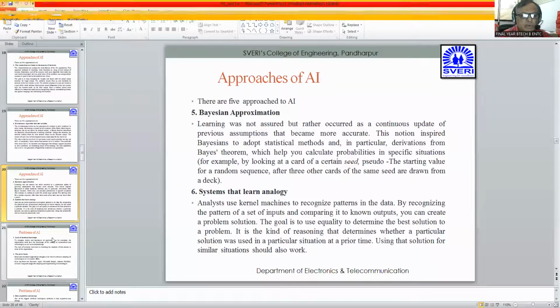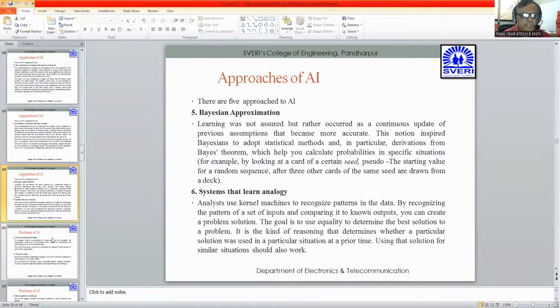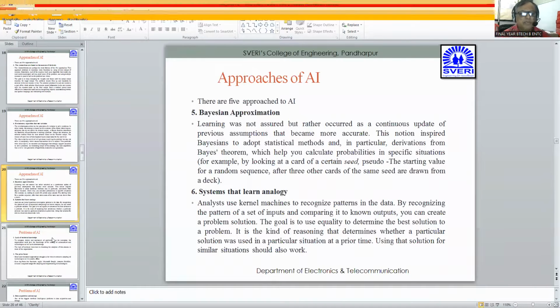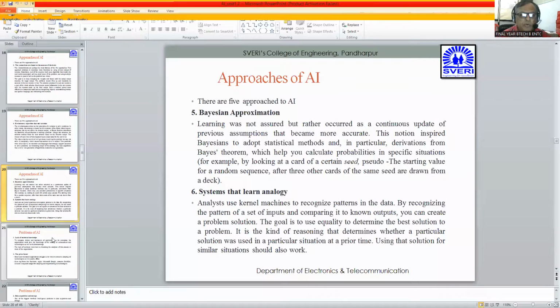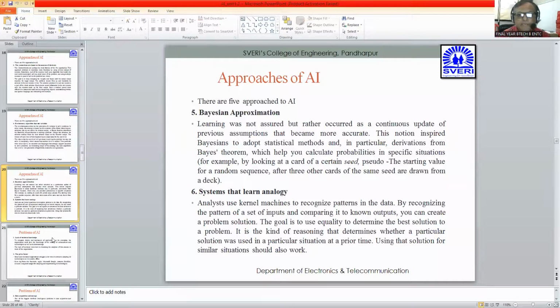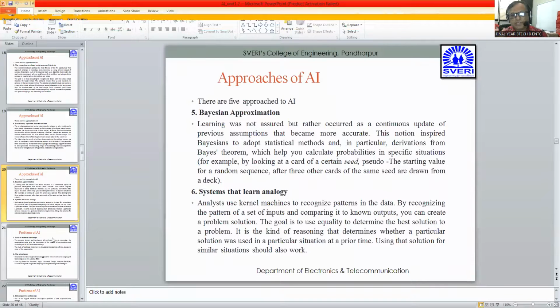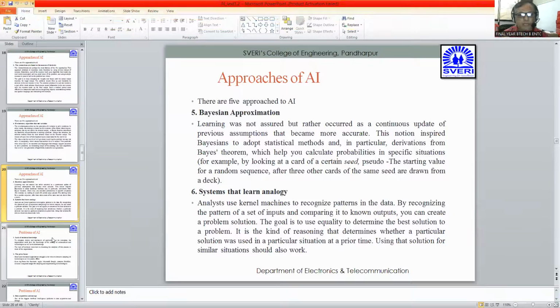Learning was not assured, but rather occurred as a continuous update of previous assumptions that become more accurate. This notion inspired Bayesians to adopt statistical methods and in particular derivations from Bayes theorem, which I have explained to you, which helps you calculate probabilities in specific situations. Exactly the same thing. It is based completely on probability. So any specific situation can be tackled based on the probability concept.